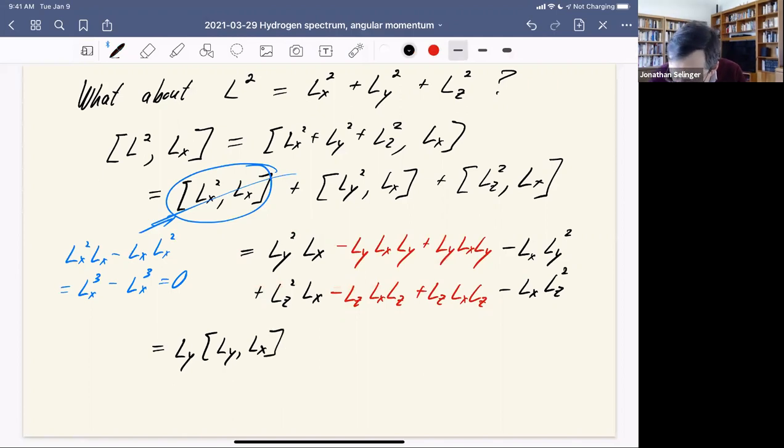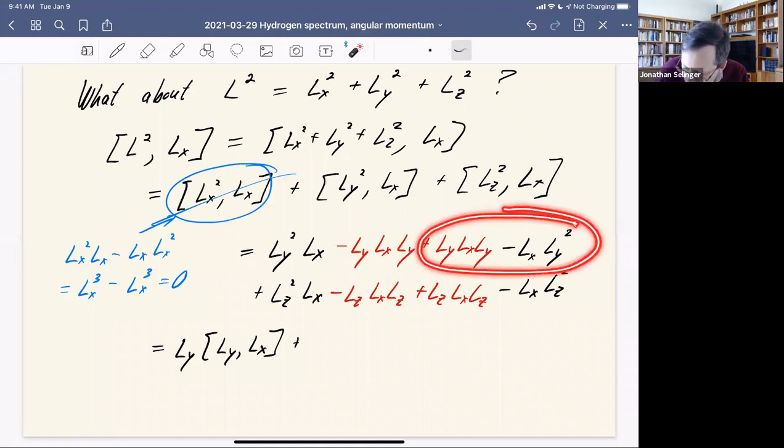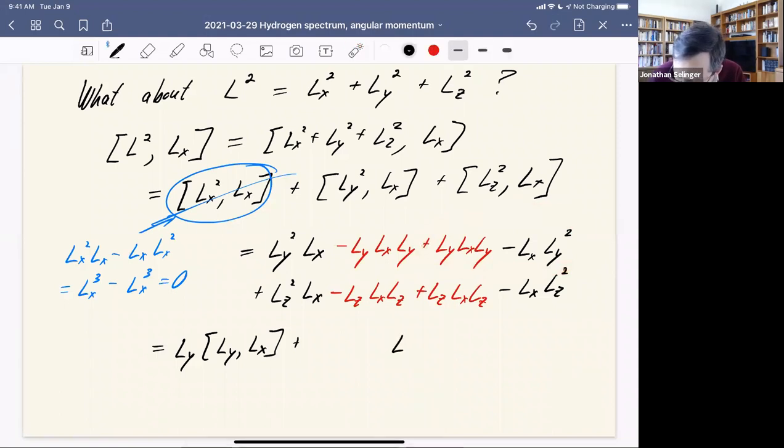For the second pair of terms, I'll factor out an Ly on the right side, and here is the commutator of Ly with Lx.